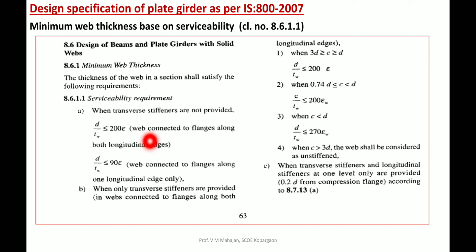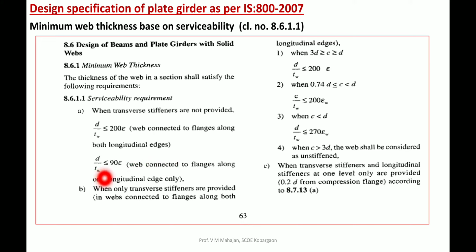In such a condition, the web is connected to flanges along both longitudinal edges. The second condition is D by Tw less than or equal to 90 times epsilon, where the web is connected to flanges along one longitudinal edge only.